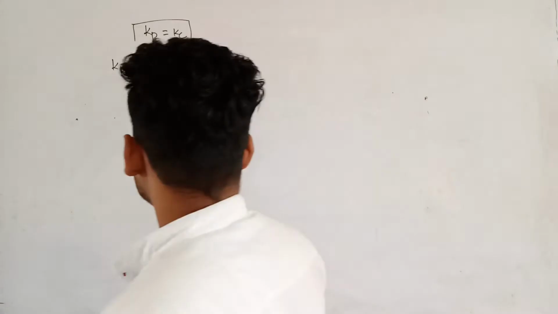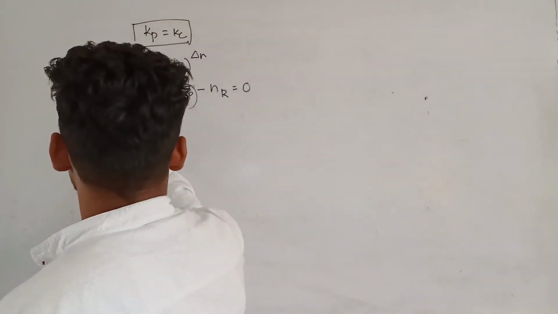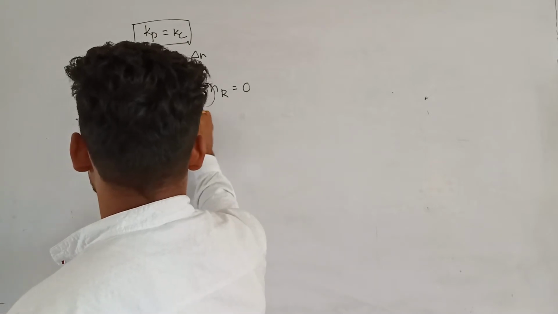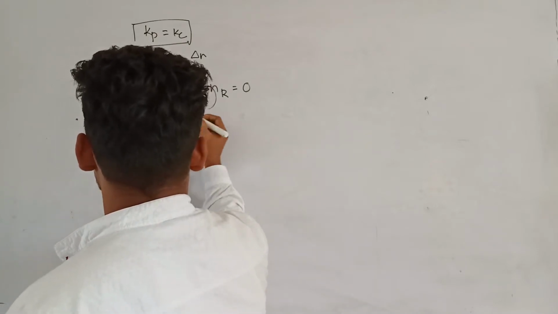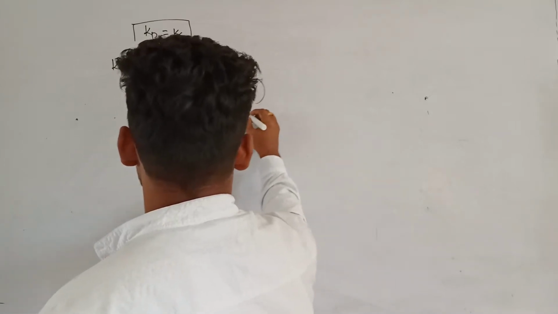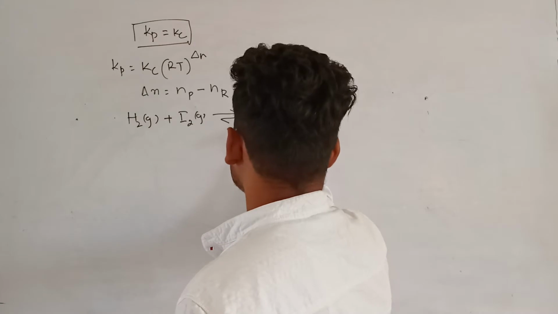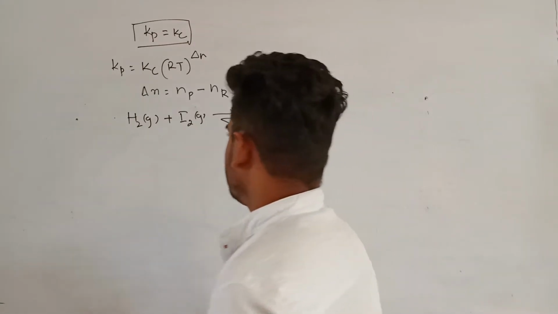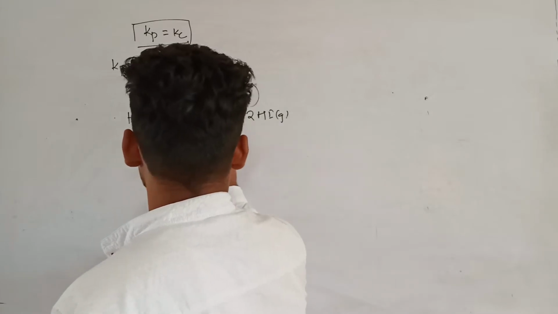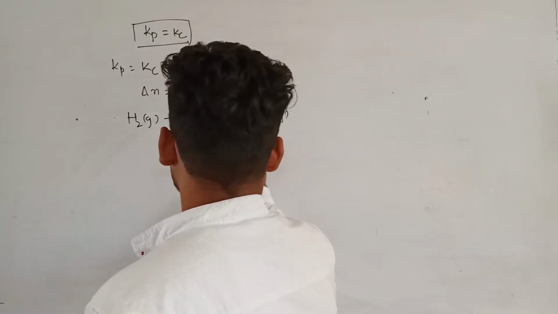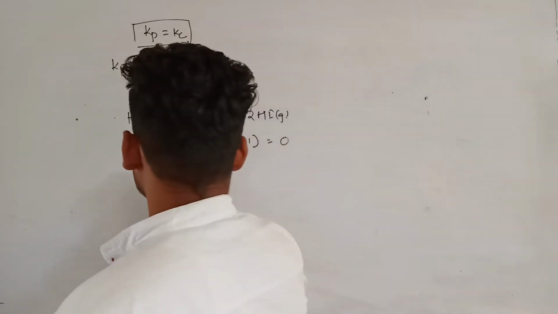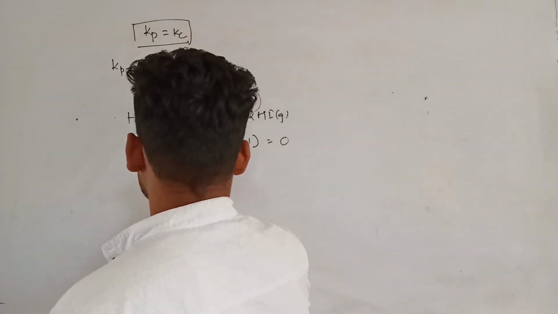Such a type of equation, if I consider one equation, is H2 plus I2 giving rise to 2HI. Now you just see here the change in number of moles, that is 2 minus 1 plus 1, equals 0. So for such a reaction Kp equals Kc.